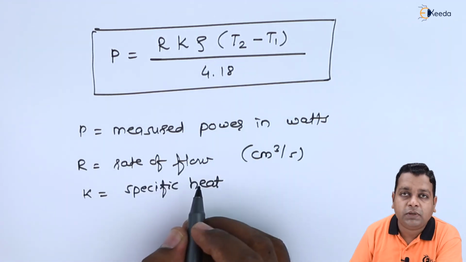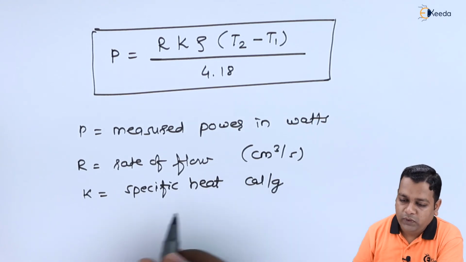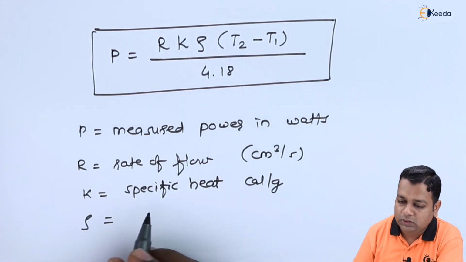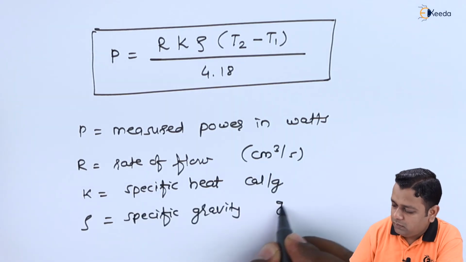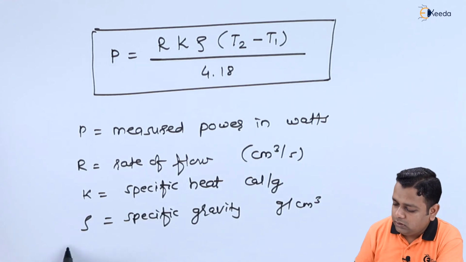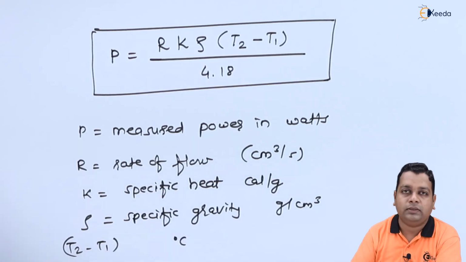The specific heat can be measured in terms of calories per gram here, whereas we have rho. Rho is denoting the specific gravity, whereas T2 minus T1 is the difference of temperature in degrees here.